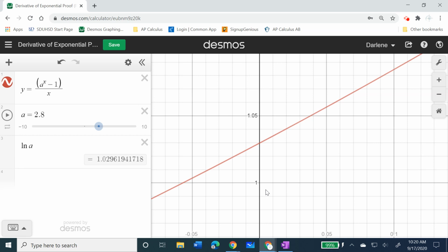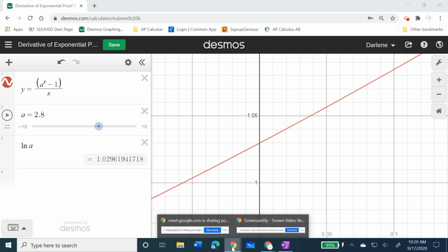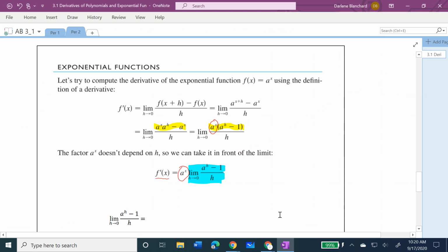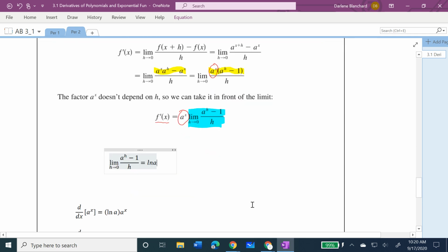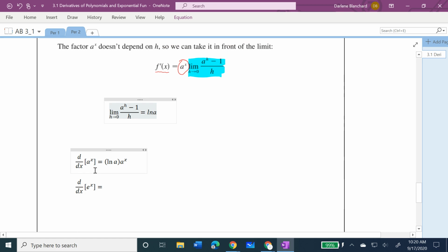Now, while I would like to sit here and just bask in this amazing discovery, we need to move forward. And so the answer to this particular limit is the natural log of whatever a happens to be, which means that the derivative formula for a to the x, mind you, though, if you're an exponential function, the base of a can only be positive, and it is not the number 1 to be considered an exponential function.